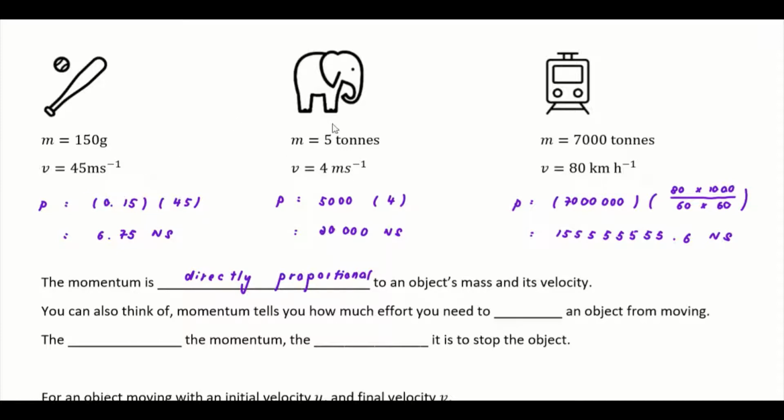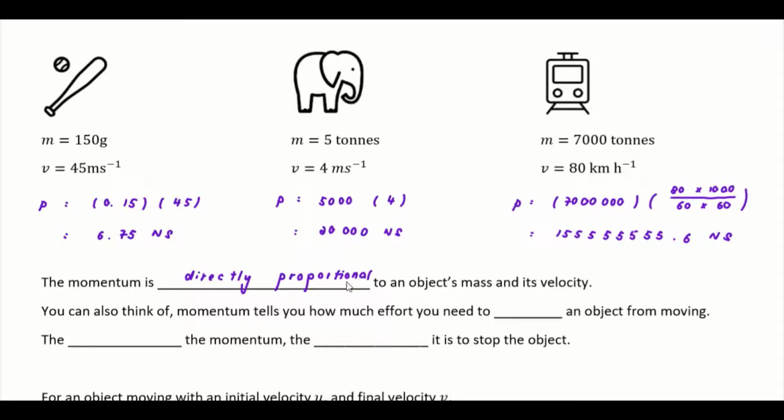But because the mass of the elephant is greater than the baseball, the momentum that you create here is bigger than the baseball. Also, when we talk about velocity, if you have a very light object, you will need a very high velocity to have the same momentum as an object with a heavier mass.